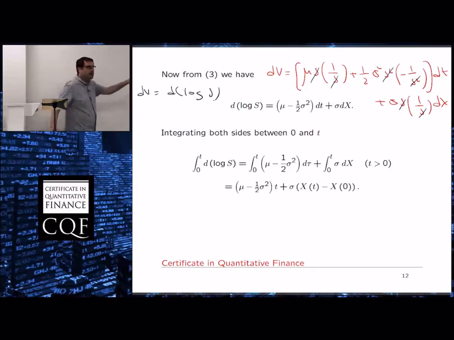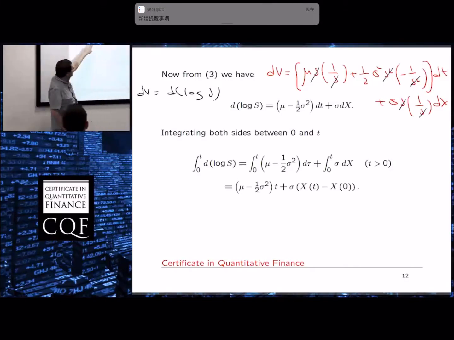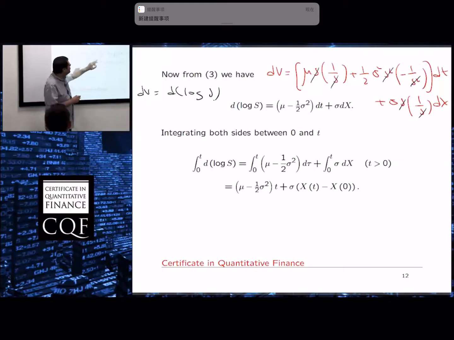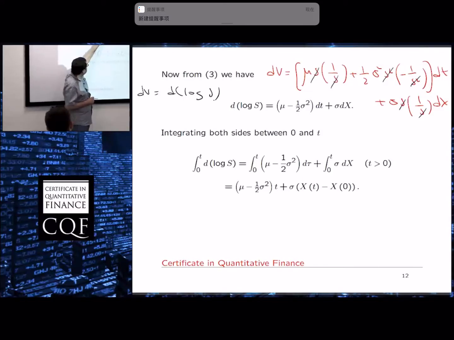Right, so is everyone happy with that now? Everyone happy where that's come from? What we're trying to do is, from this, capture s. If we capture s, what we'll then get is a closed form solution, or a formula, which allows us to obtain different values for s. That means in order to get s, we somehow have to kill off the d in front. So the obvious thing to do is integrate.